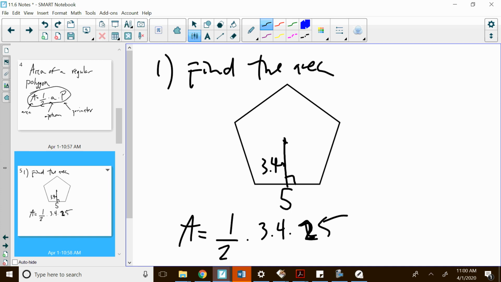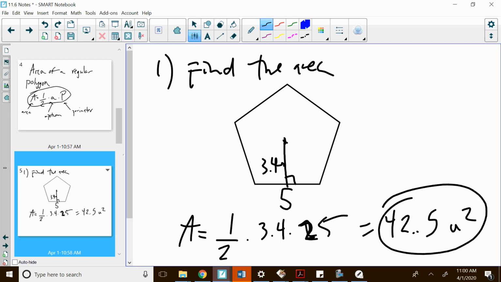So 1/2 times 3.4 times 25, and just multiply it together. 3.4 times 25 divided by 2. The answer here would be 42.5 units squared, the area inside this shape. If you have the apothem and the perimeter, you just plug her in.